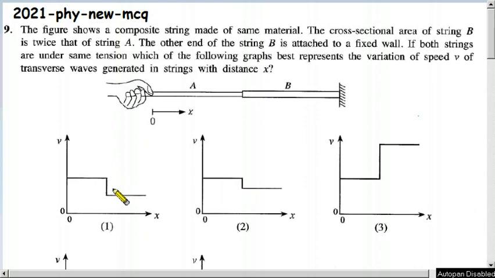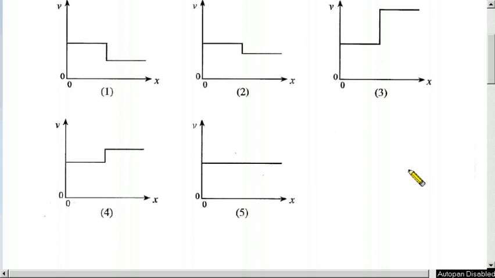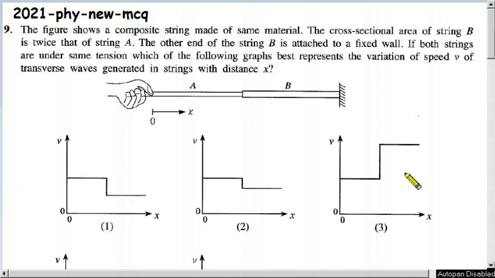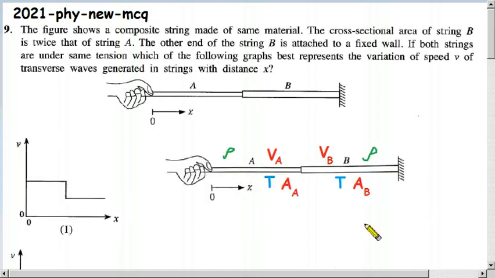So here half of the velocity is decreased, here a little amount of velocity is decreased, here it is increased to close to twice, and here there is no change. So let us check which graph is correct.